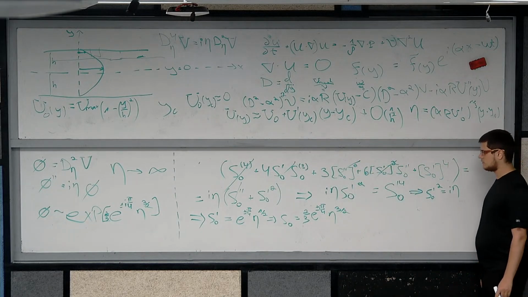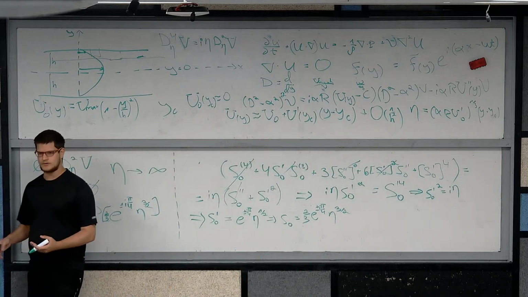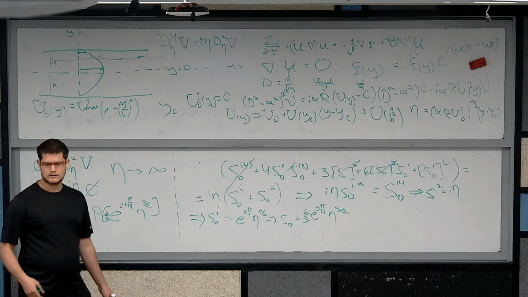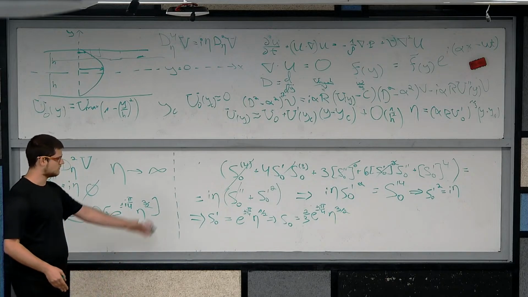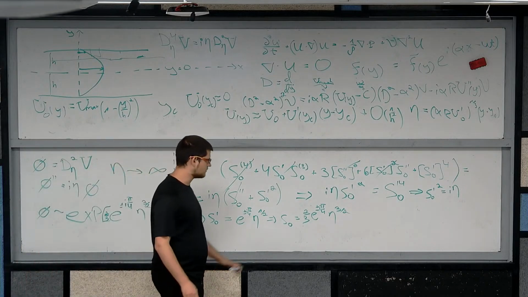Very nice. So actually there is nothing that explodes faster, or I don't want to say there is nothing that also explodes, but that is the leading behavior over here. So it's very nice.